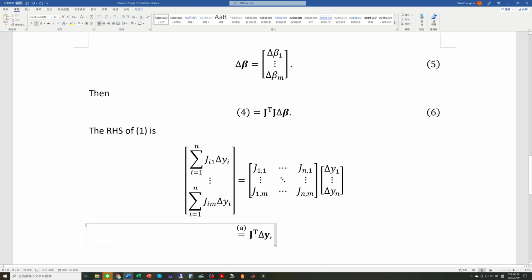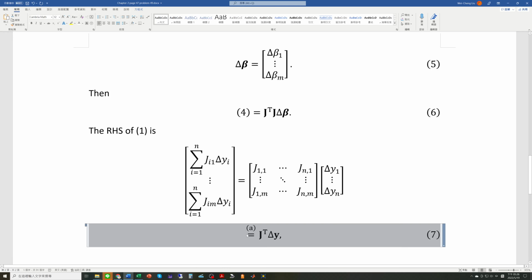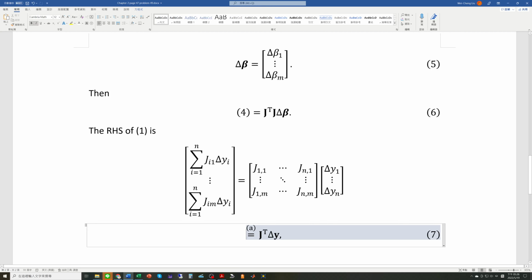Okay, like this. So this is equation 7. So I still cannot align this and this. Okay, never mind. This should be a bug of Microsoft Word.